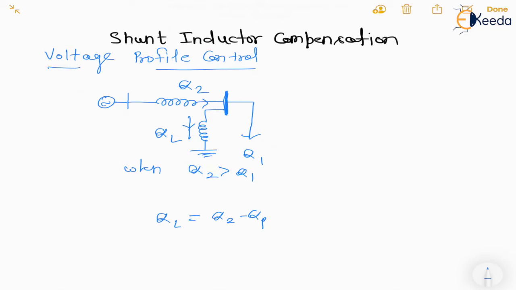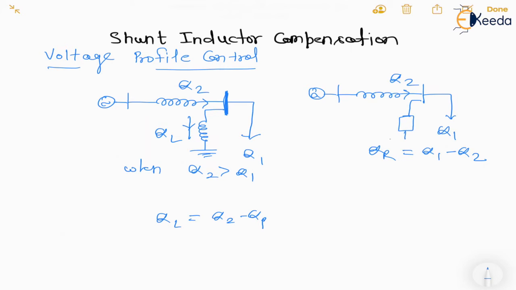I told you one concept: whenever you have any kind of reactive power demand at the load terminal, this is Q1 and this is Q2, the difference QR equal to Q1 minus Q2 will be supplied. I am not mentioning here that the inductor will be supplied.